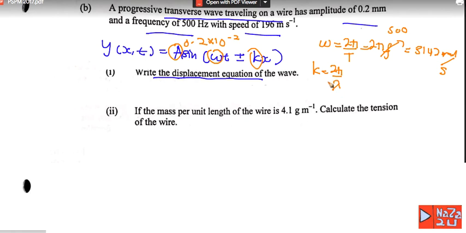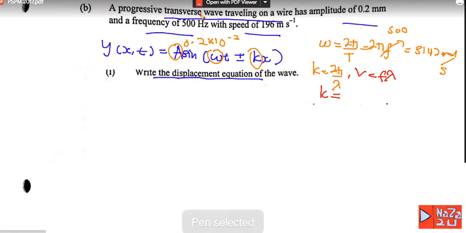To calculate the value of k, because the question gives you the value of v, and v is equal to f lambda, k is equal to omega divided by v. Here omega is 3142 and the speed is given as 196. So k is equal to 16 radians per meter.